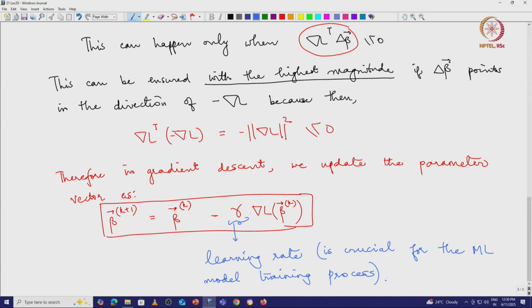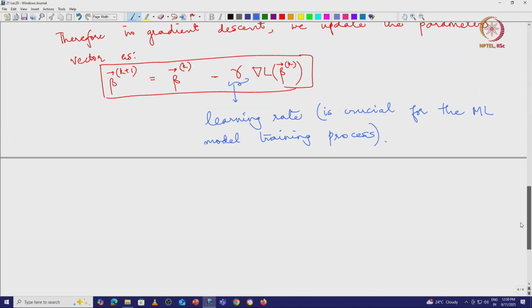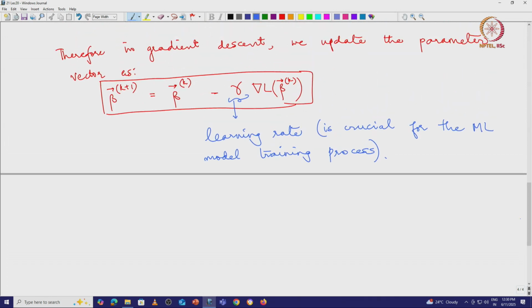The learning rate is what decides how aggressive the optimizer is. If gamma is very high, the optimizer is aggressive, and we are trying to make larger and larger steps, and if gamma is small, we are taking smaller and smaller steps.